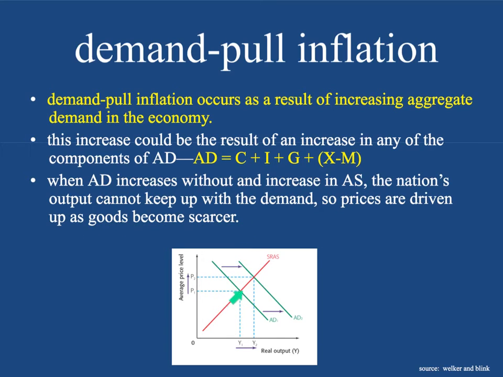As more and more things are demanded, that is going to pull the price levels up. And when that happens, my friend, you have what we call demand pull inflation.